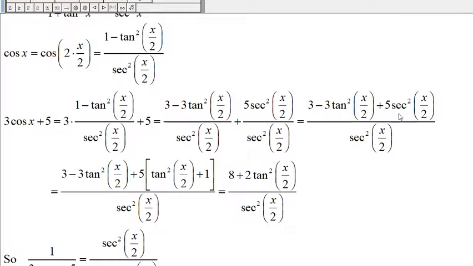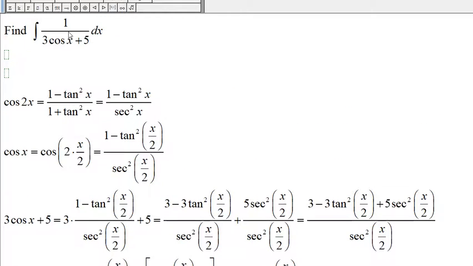Secant squared is tangent squared of x over 2 plus 1. So multiplying this out, we get 5 tangent squared plus 5. And then combine that with 3 minus 3 tangent squared. Then we get 8 plus 2 tangent squared of x over 2 divided by secant squared.